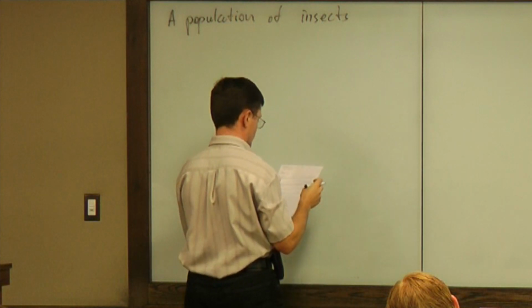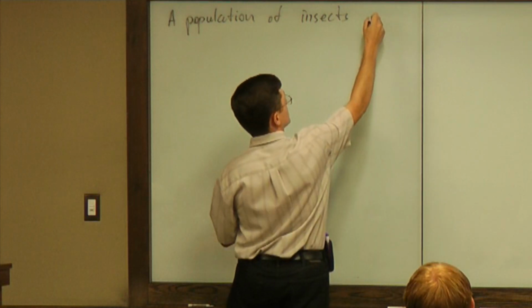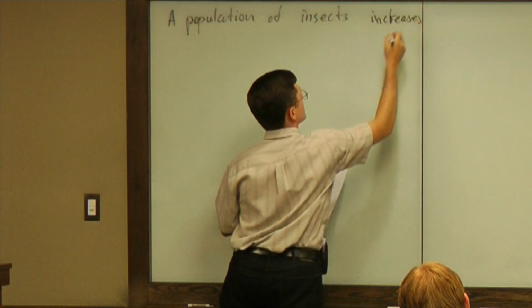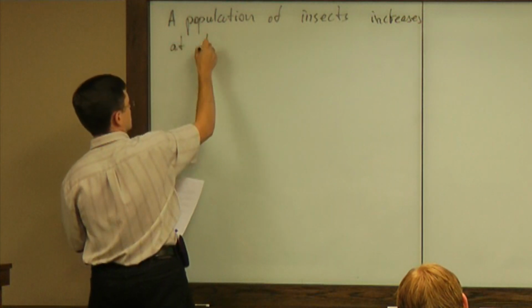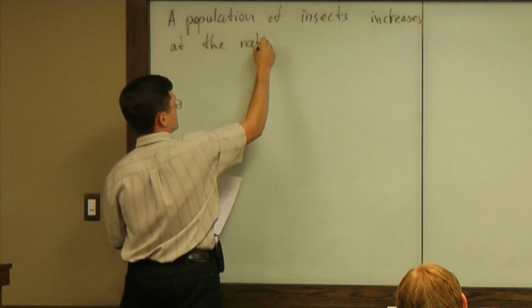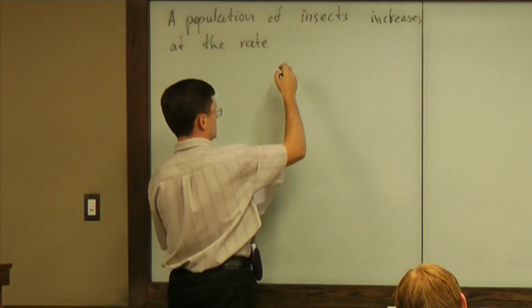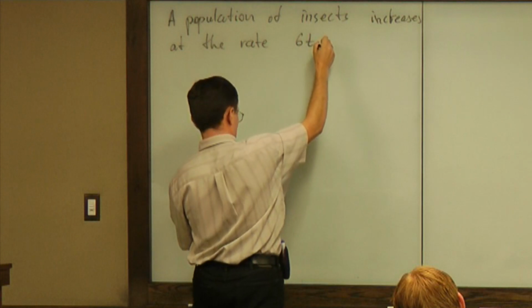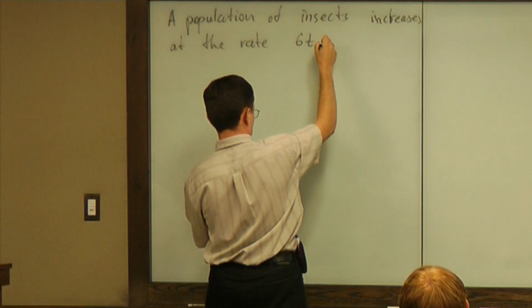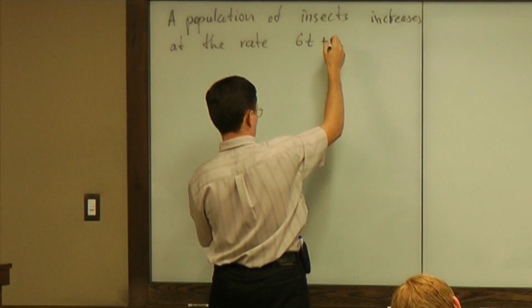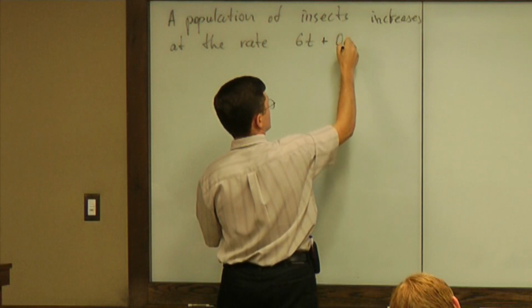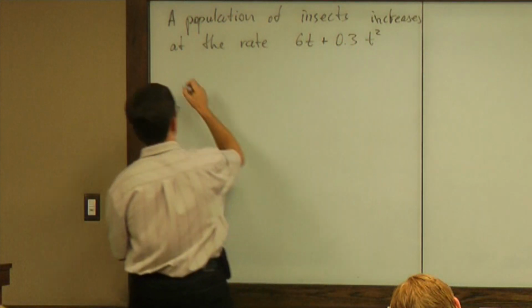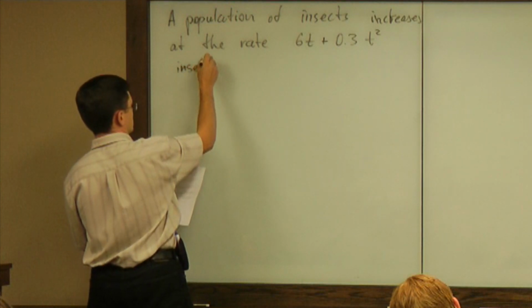The population of insects increases at the rate 6t plus 0.3t squared insects per day.